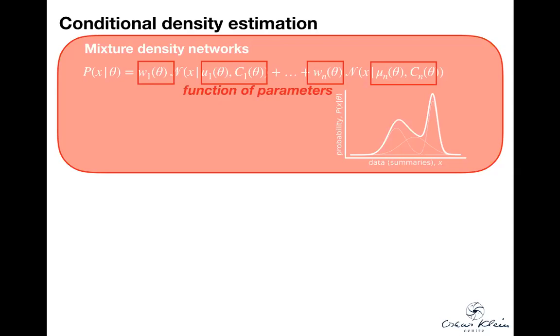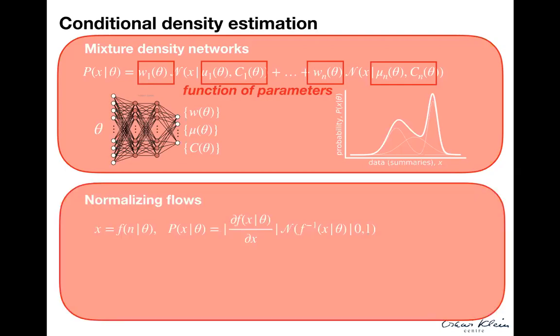So we want to use a generic function approximator to parameterize those things, and we typically just use a neural network. This is a neural network that takes parameters in, and it spits out the mixture model parameters for those input parameters. Okay.